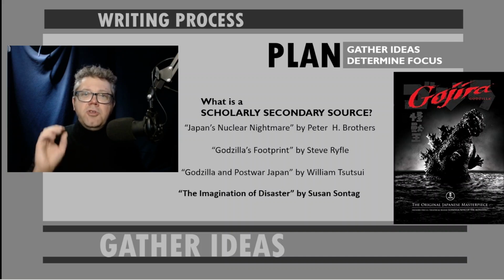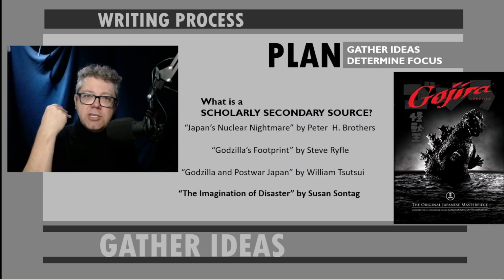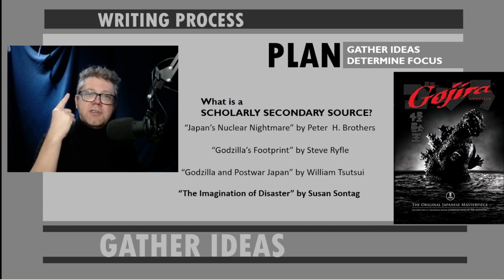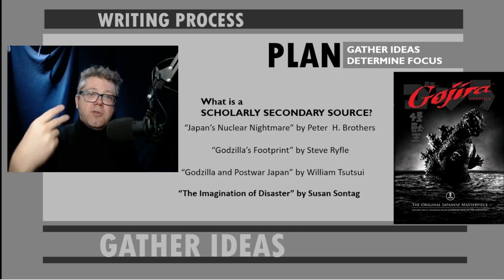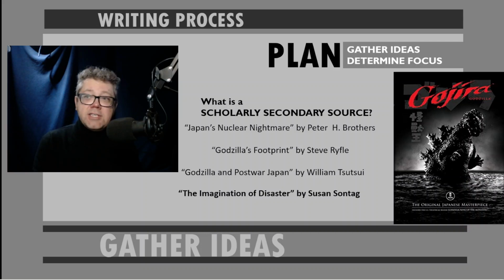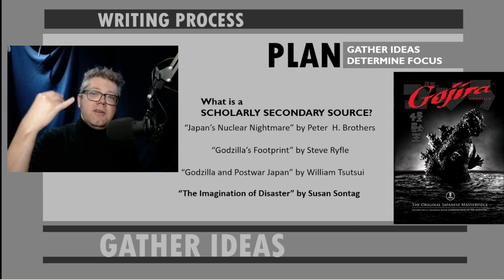So in the Godzilla track, you have 4 sources right now. You have to go find another, and you only need to use 3. You have to use Sontag. You have to use one of the ones I've already assigned, so Brothers, Reifel, or Tsutsui. Makes all the sense in the world to use Reifel and Tsutsui because you've already written your synthesis on it. And then you have to go and find one other.